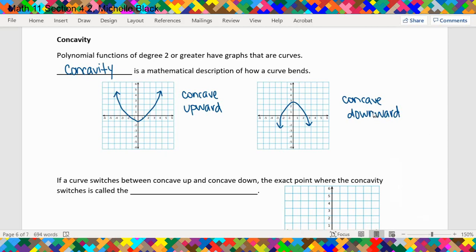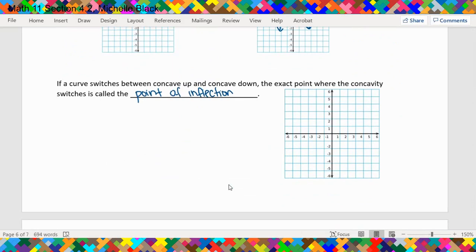Okay, if a curve switches between concave up and concave down, the exact point where the concavity switches is called the point of inflection. For example, let's say we have this graph.